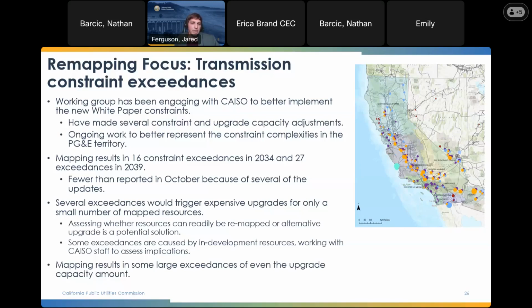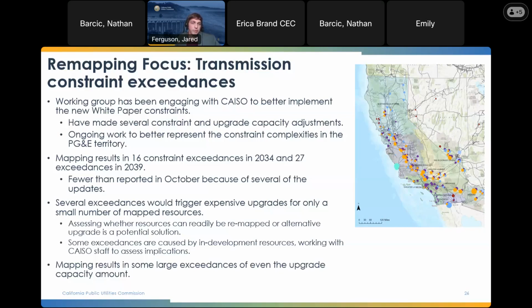We have several exceedances that are relatively small, but the identified upgrade is a large, expensive upgrade. So we are assessing if that upgrade is really necessary, or if it's best to remap those resources to a location that has a more cost-effective upgrade or still existing transmission capacity.